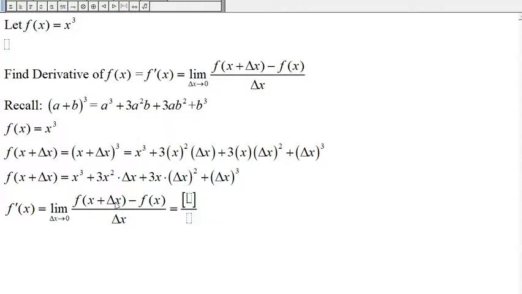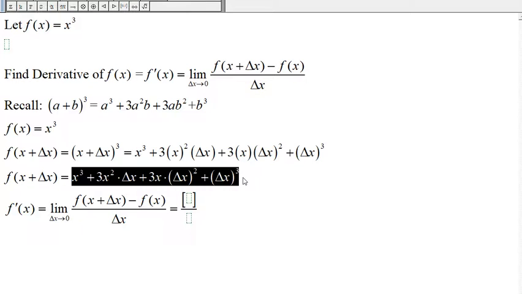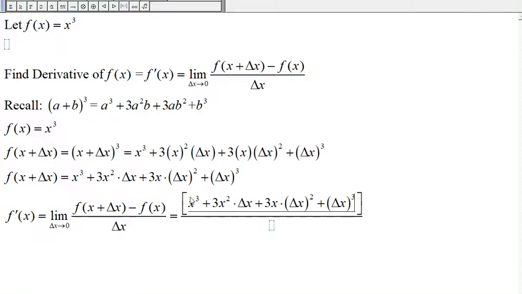f of x plus delta x is this, and then minus f of x, but f of x is x to the third, and then dividing by delta x.